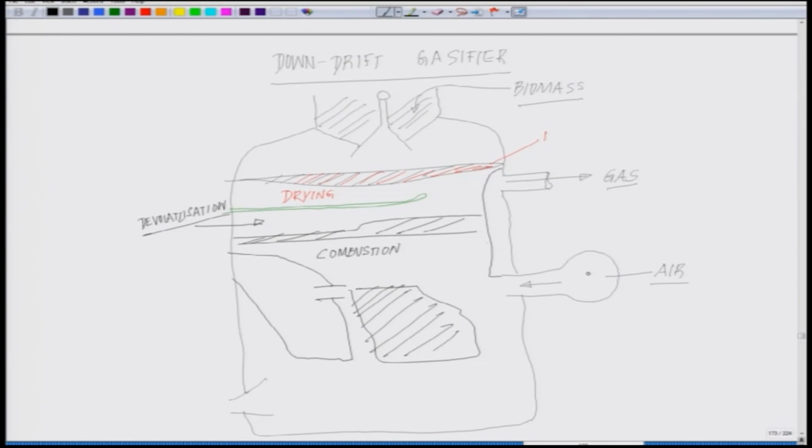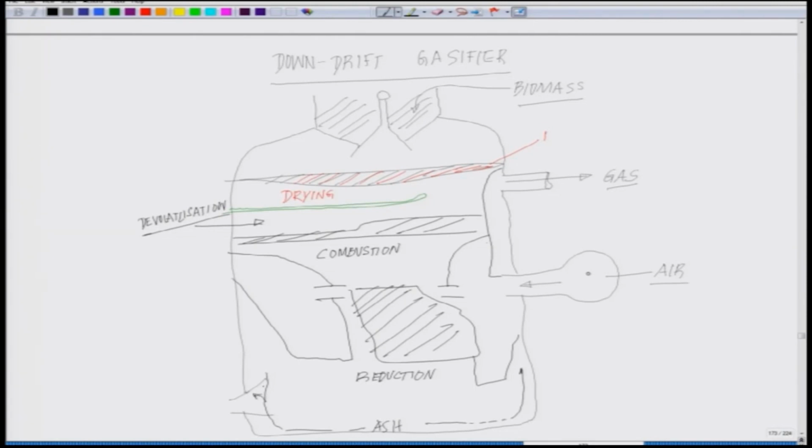On the other side also, in the combustion zone, there is a port taking care of it. So, air is coming like this. If you compare this figure, and just let me finish the drawing, here you have the reduction taking place, and underneath you have the ash which is getting accumulated because of the charring process.